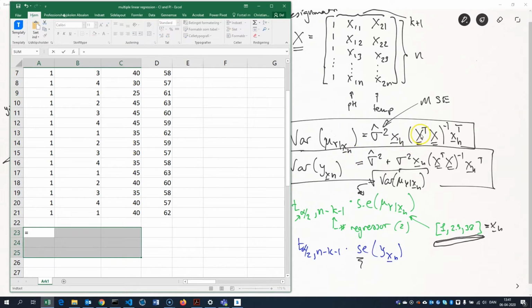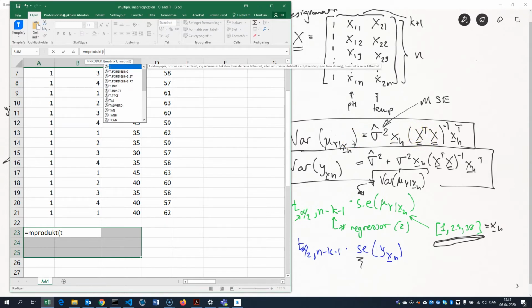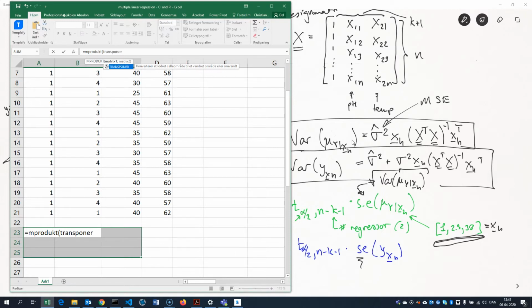So I mark that area and I start a formula here. And what we want is a matrix product. So I'll use, in Danish that's M product, in English I believe it's MMULT, matrix multiplication. And the product is between the design matrix transposed, so I'll use the transpose command, in Danish transponere, in English transpose.